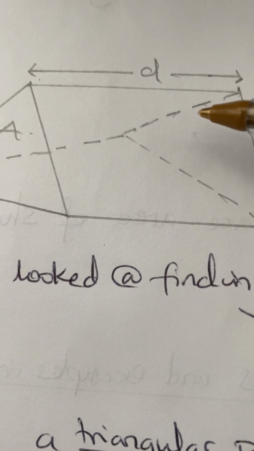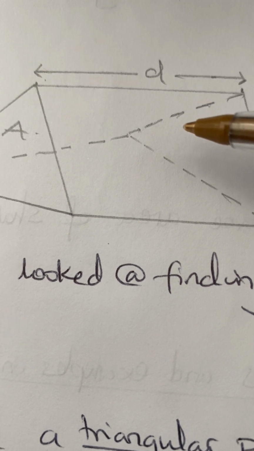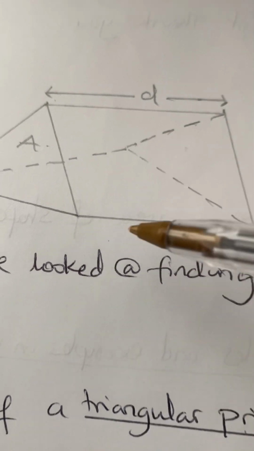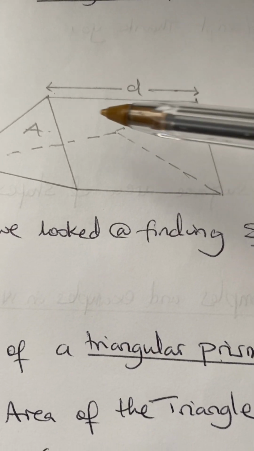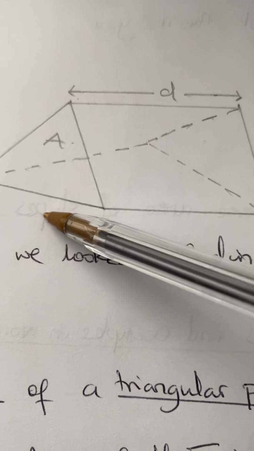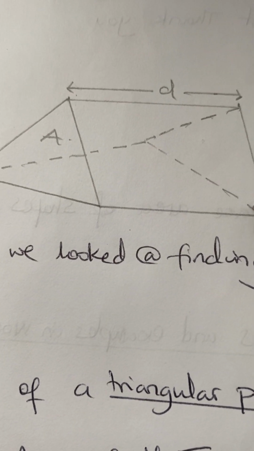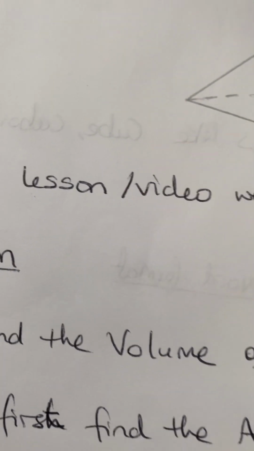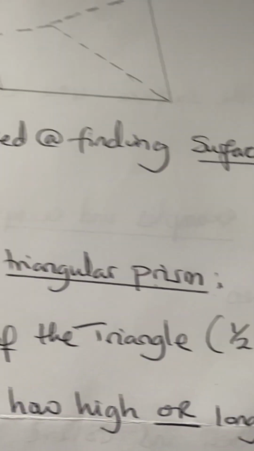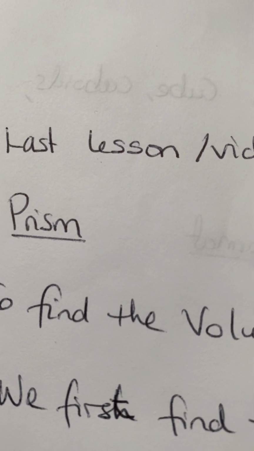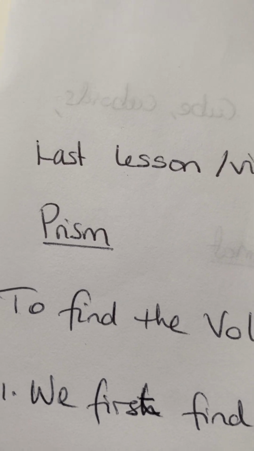In the first video we opened it up and then found the surface area. That is a triangular prism because the sides are triangles, both sides. So we looked at the surface area of the triangular prism last lesson. Today we are going to find the volume.